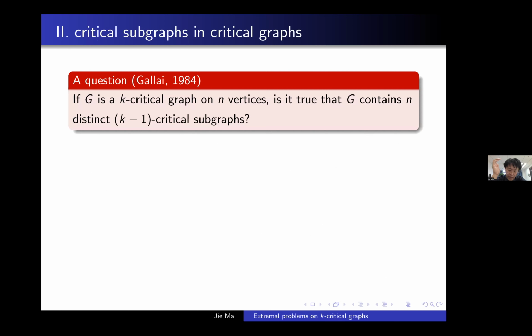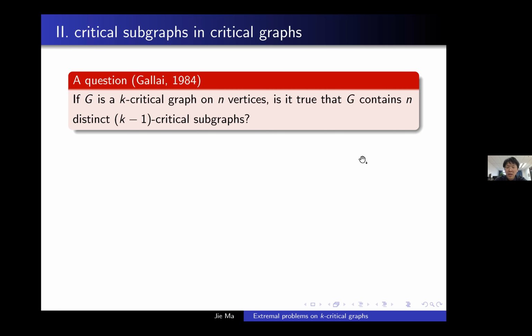If we remember one of the top results I mentioned, for any two edges E and F, we can always find a K-1 critical subgraph that contains the first edge but does not contain the second edge. So this tells us that there should be many K-1 critical subgraphs.